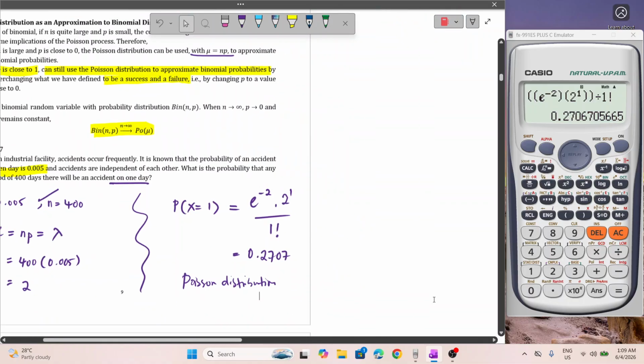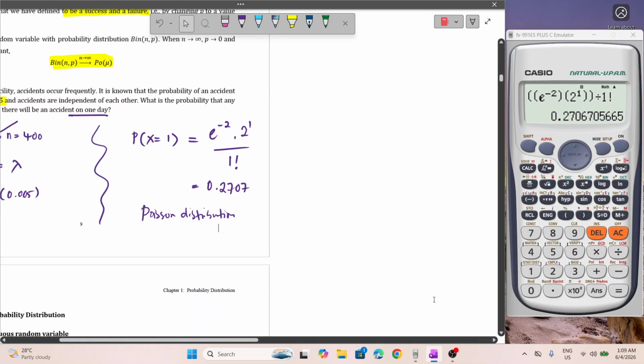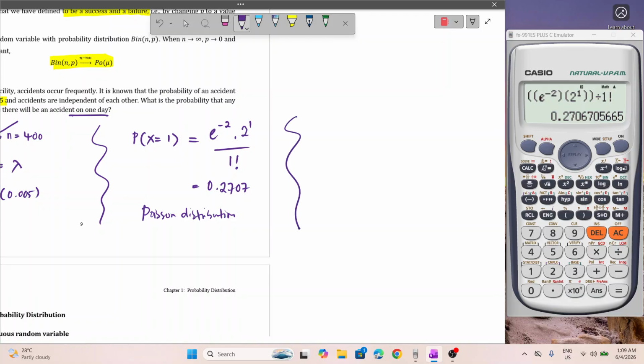Maybe you want to check by using the binomial distribution, the probability of x equal to 1. Can we do it? Yes, so let's try. n is 400 and x is 1.